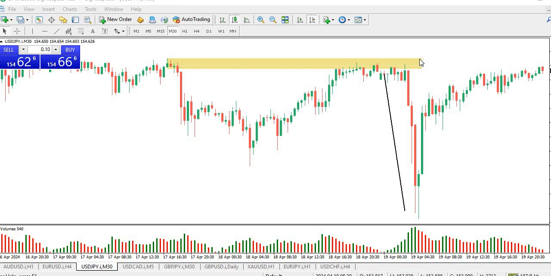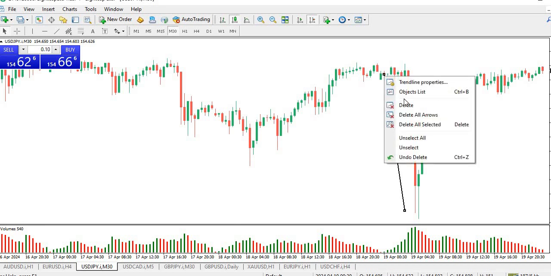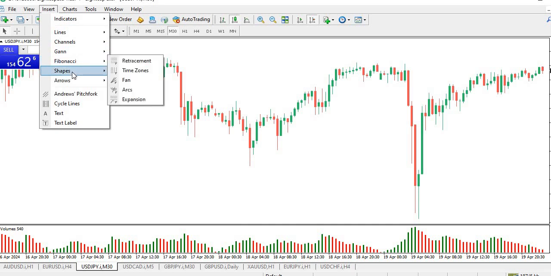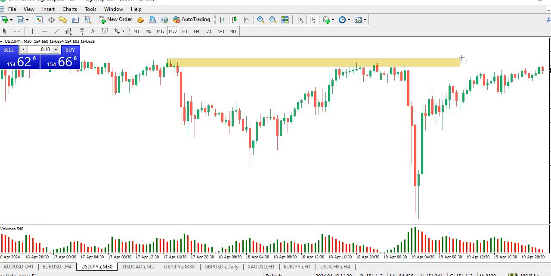Let me clear it again to help you better understand order blocks. Let me repeat, what is a bearish order block? It is the last bullish candle before the bearish movement that breaks the market structure lower.